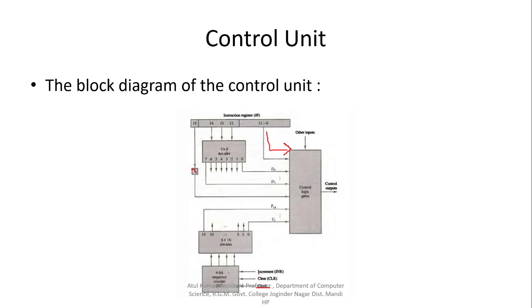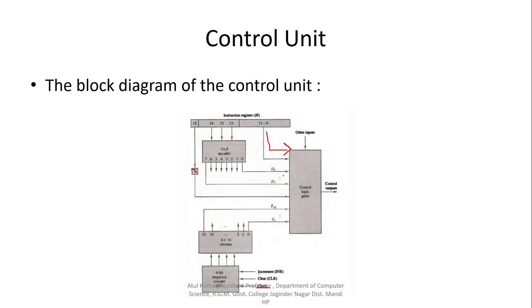These outputs are given to the decoder, and after decoding they generate 16 outputs from 0 to 15, producing the timing signals from T0 to T15. So T0 to T15 are again applied to the control logic gates.